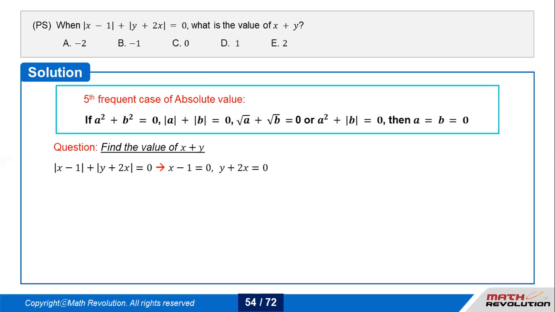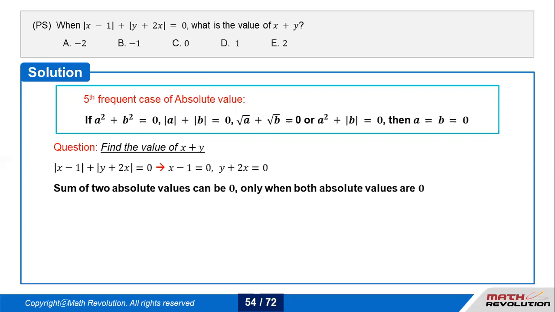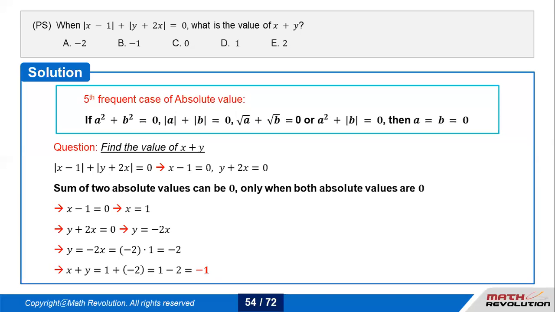So if x minus 1 happens to be equal to 0, x is 1, and y plus 2x is equal to 0. That means y becomes minus 2 times of x. X is already 1, so y becomes minus 2 times of 1, that is minus 2. X plus y, that is 1 plus minus 2 gets me minus 1. Answer goes as B.